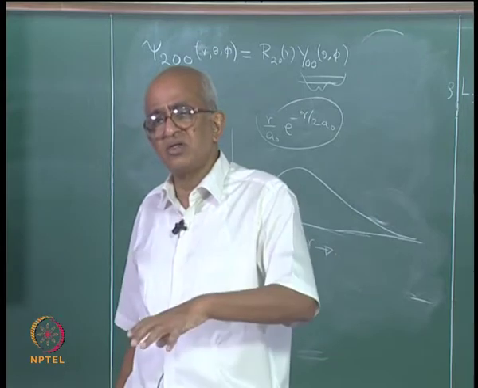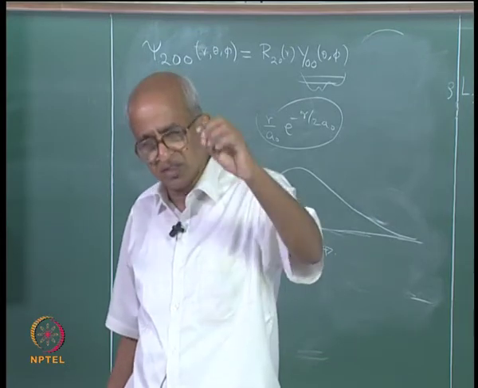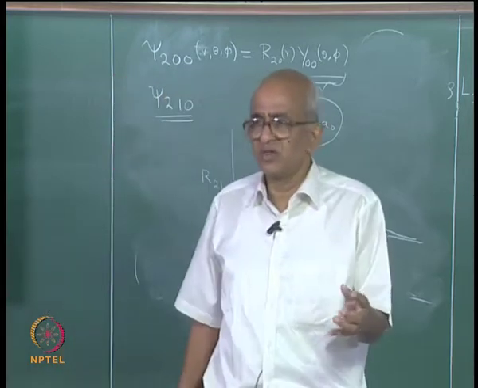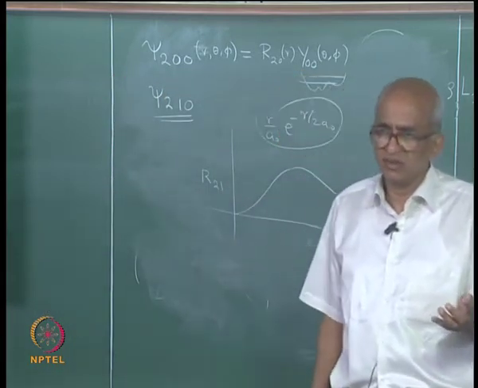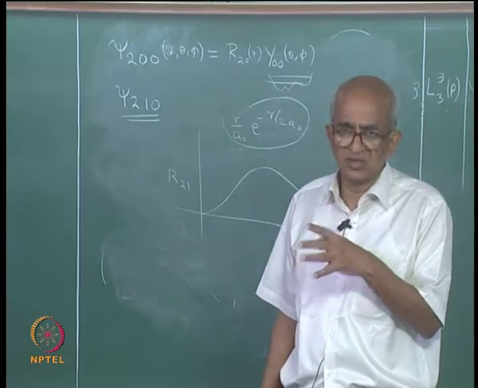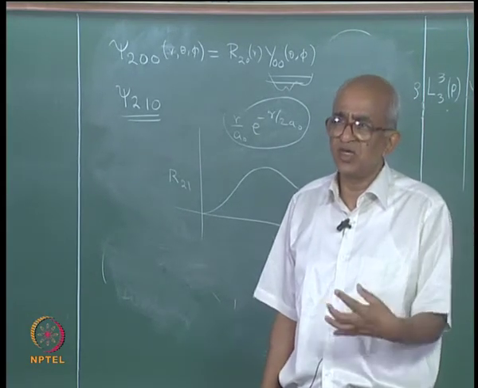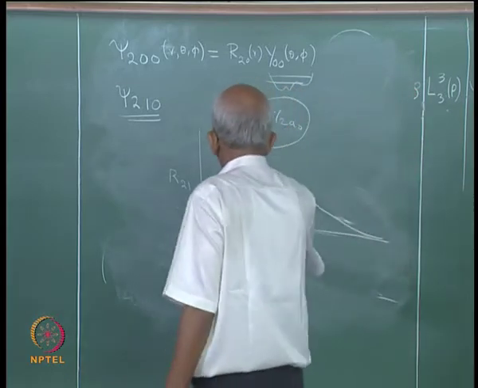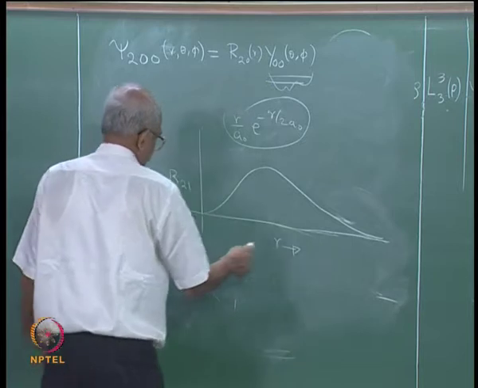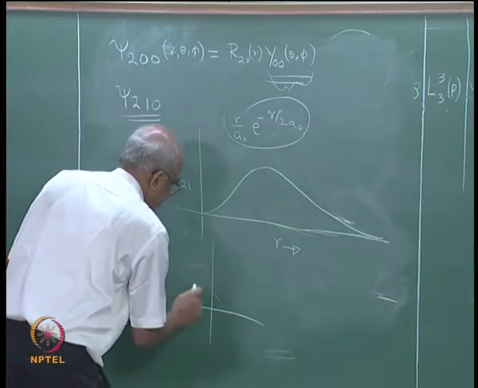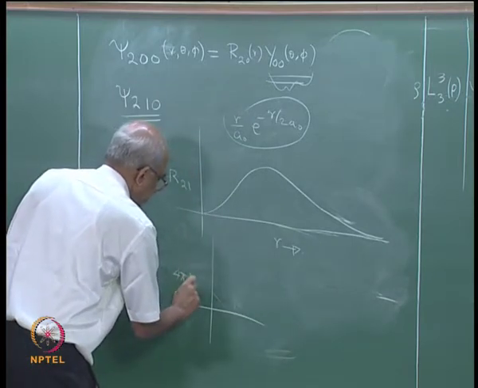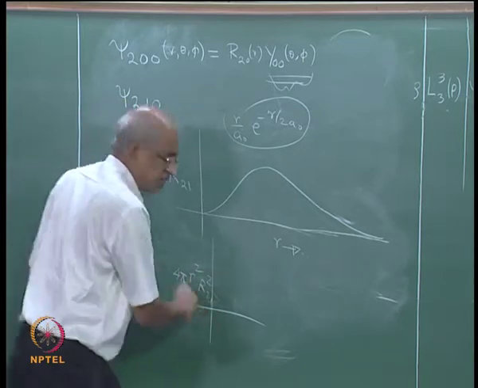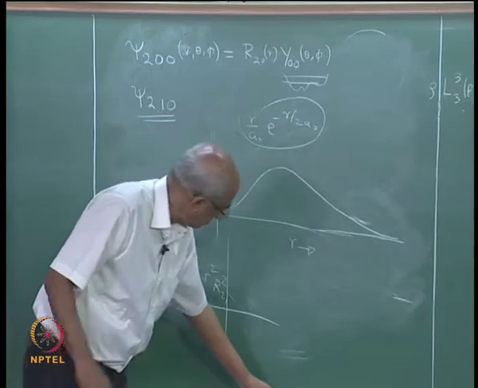Whenever L is equal to 0, the value of the wave function is non-zero. Only s orbitals have a non-zero value at the nucleus. All the other orbitals that we will see will have a value equal to 0 at the nucleus. You can even plot 4 pi r square R21 square, if you want, but let us not do that.